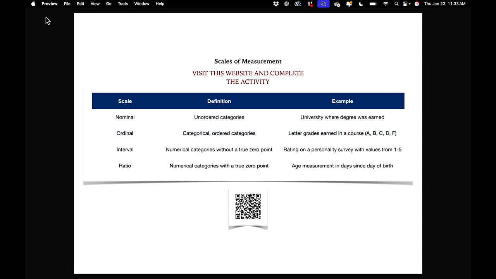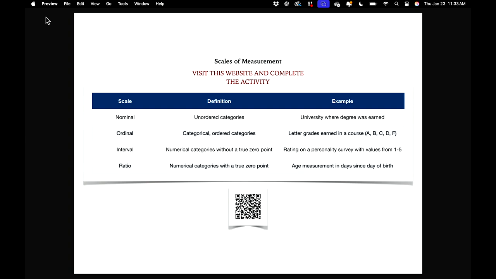But let's talk about these. You have nominal, which is uncategorized, unordered categories such as names, the university you went to, those kinds of just apples and oranges. There's no numerical equivalent to that.